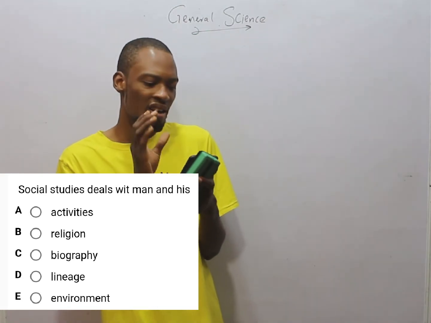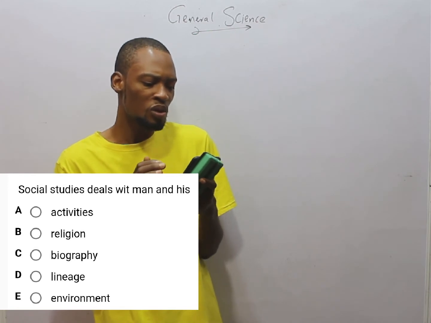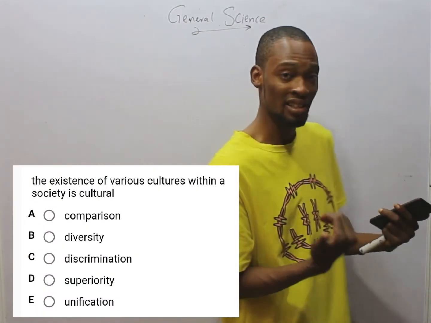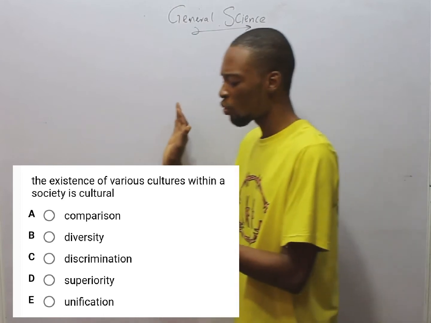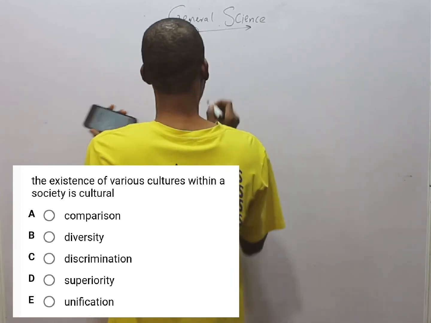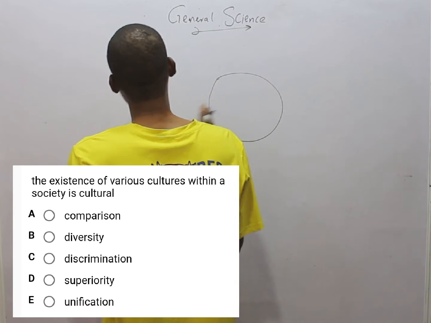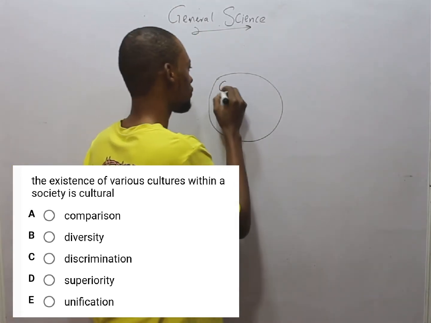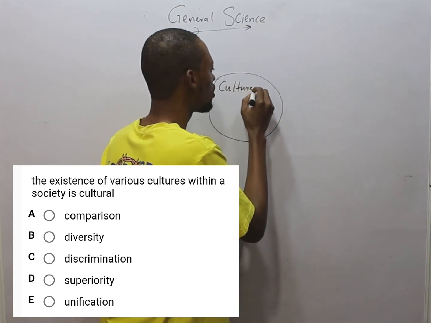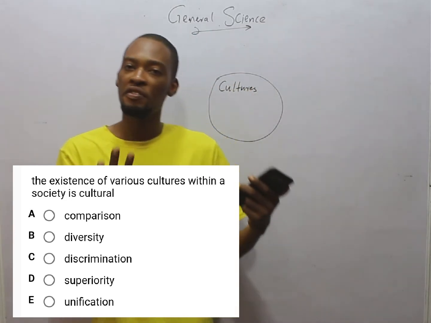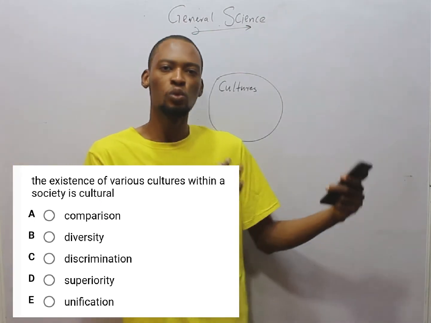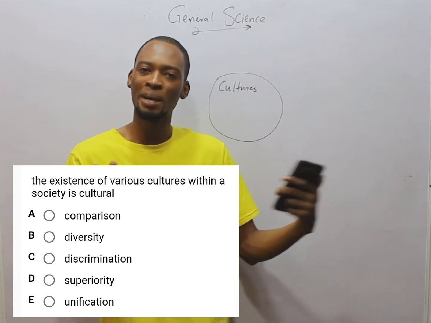This question says, the existence of various cultures within a society is referred to as dash. Social studies is the study of man and his environment. Now, we have society, which is the environment of man. In this society, we have cultures, which is the way of life of people. People have different ways of life. The way you live, what you believe, is different from what other persons believe.